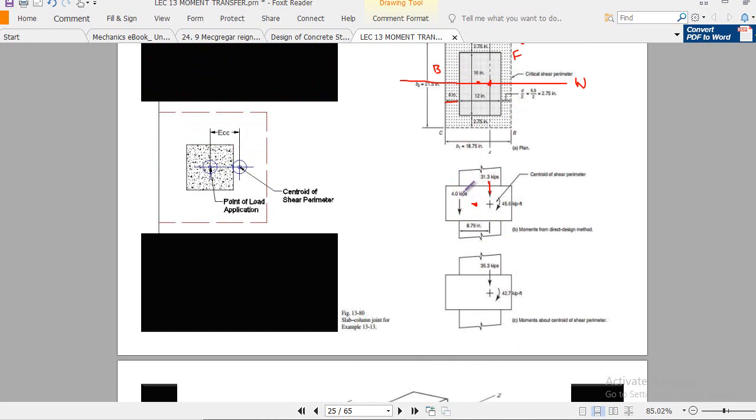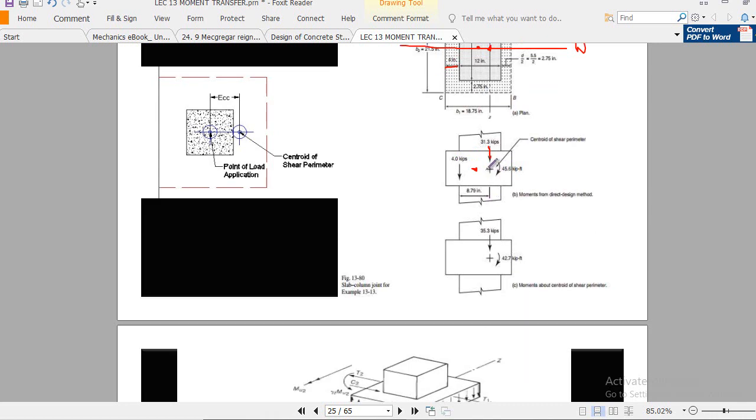This is already given. Now if we want to transfer this shear to this shear perimeter centroid, you just need to add this shear with this shear. You get total shear. Now this is VU, which is, you see here, 35.3.